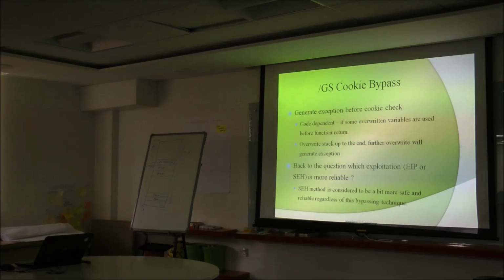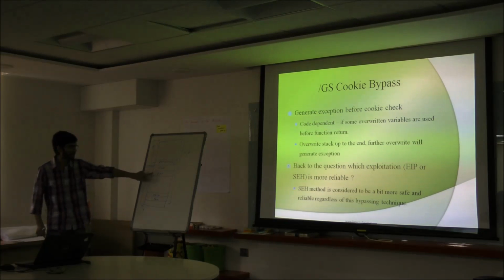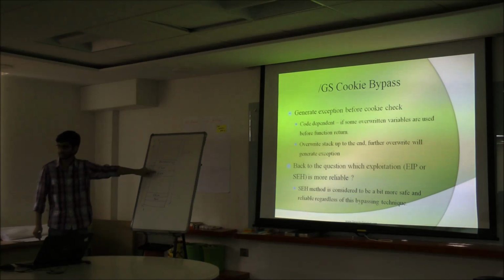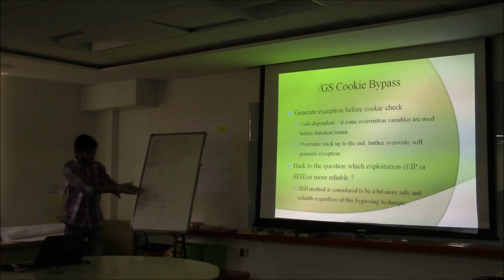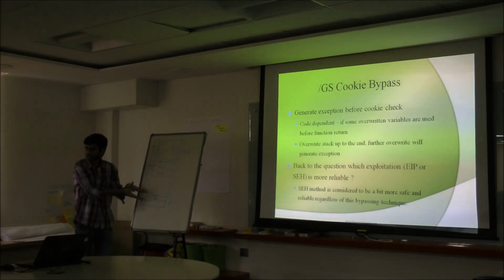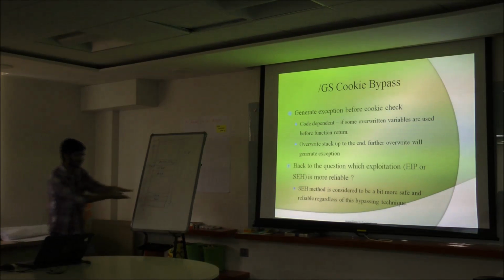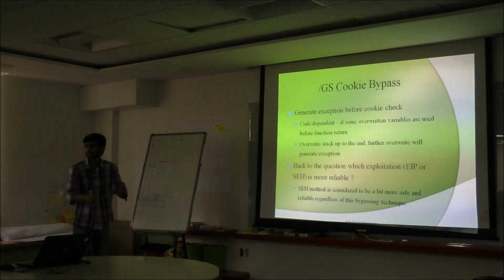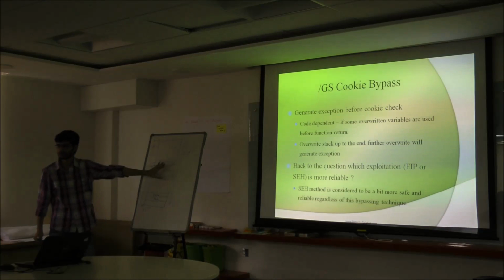I can imagine my control here, because the function is returning itself here, but I cannot imagine my control goes here. So before I land here, I need some sort of exception so that I get execution here. Got my point?